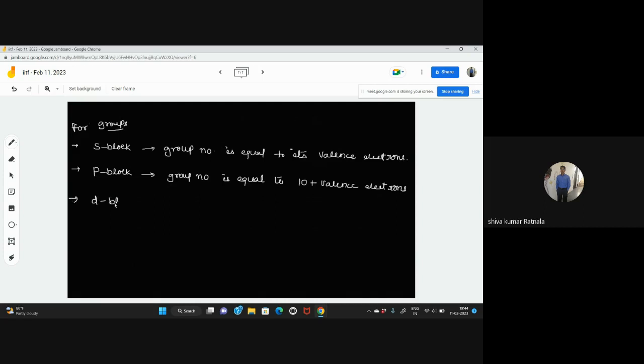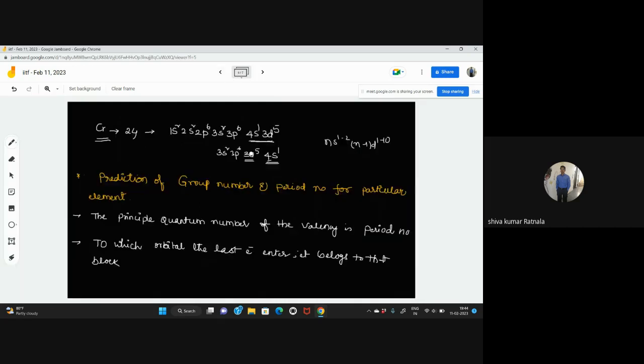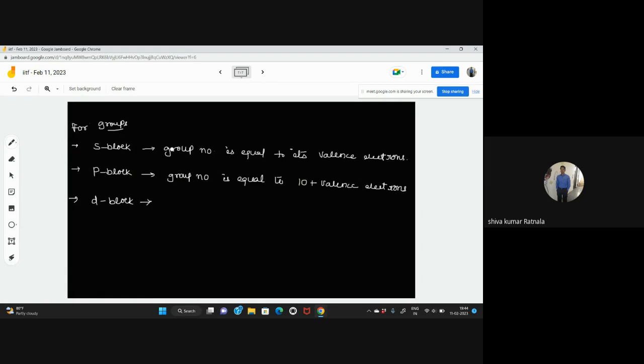For d block elements, group number is equal to the sum of electrons in the nth shell and electrons in the (n minus 1)th shell.